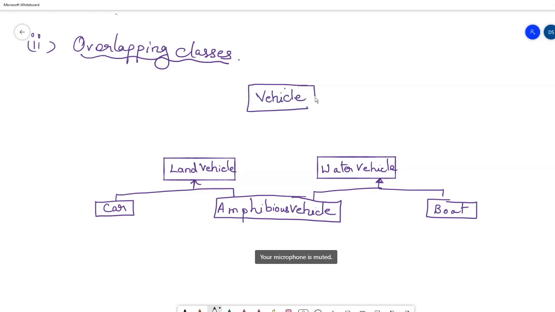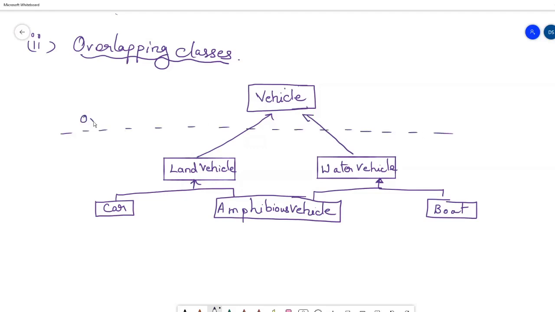So when two main classes can be made to have the same base class, that is called overlapping classes.